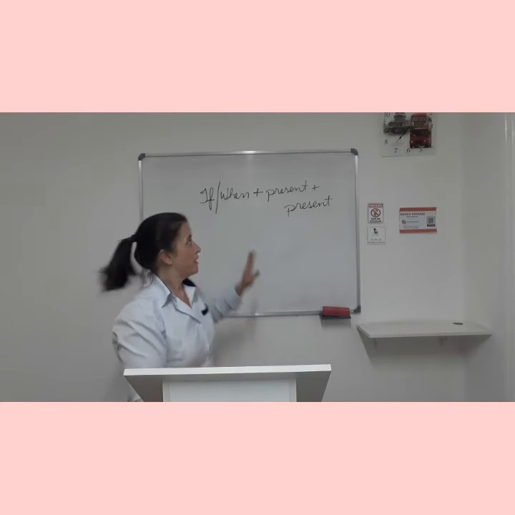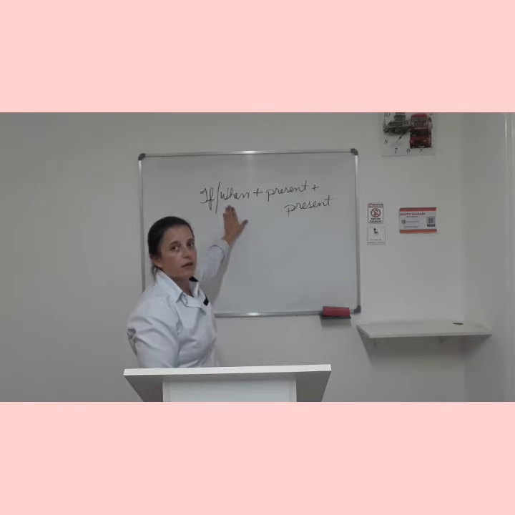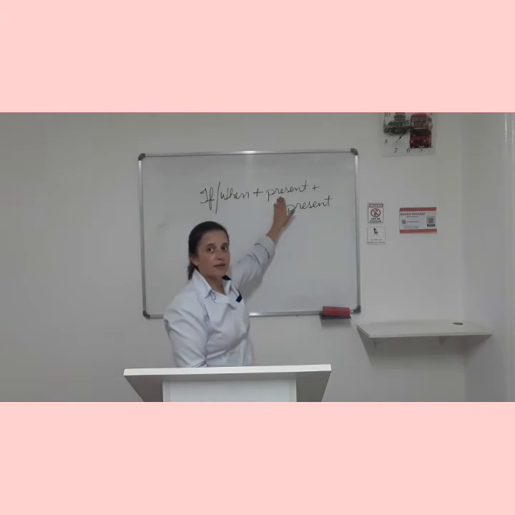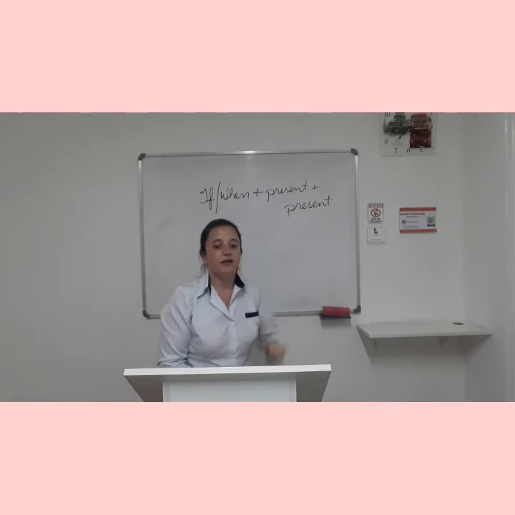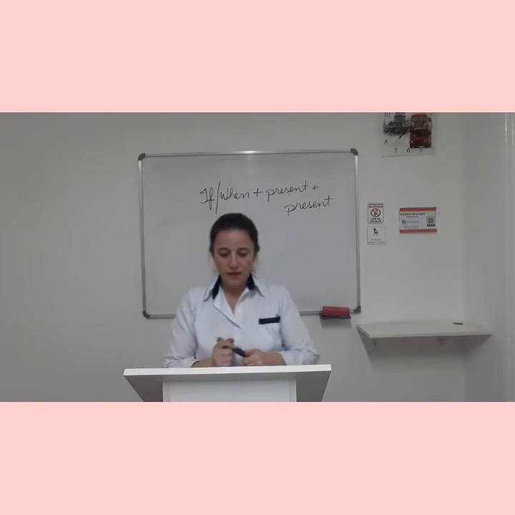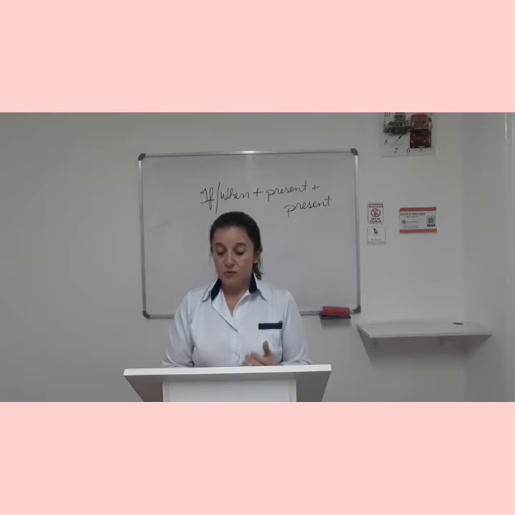It starts with when it rains, the tennis lessons happen. Okay? So underline the verbs. Or if it rains, tennis lessons happen in the gym. It's the same sentence, but instead of when, if.